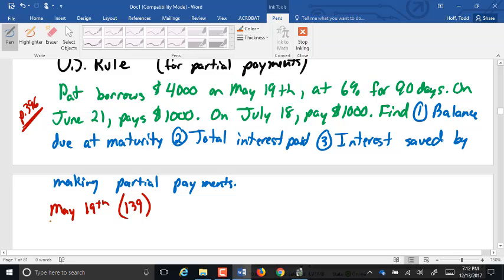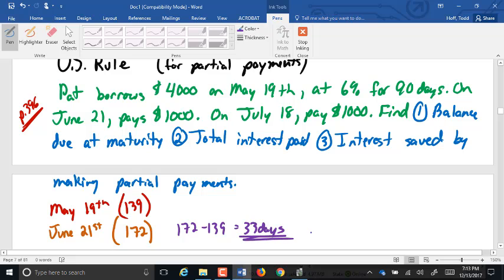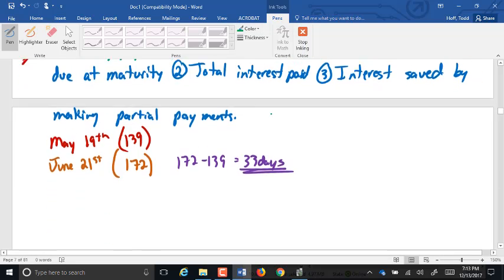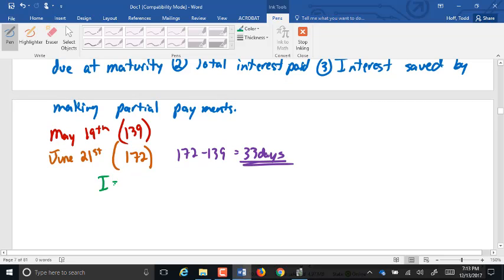The next date is June 21st, which is day 172. 172 minus 139 is 33 days. Of course, there was a $1,000 payment made, but before we can consider the $1,000 payment, we must find interest on $4,000.